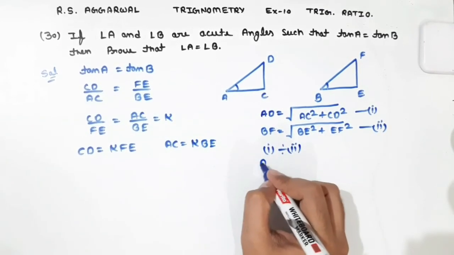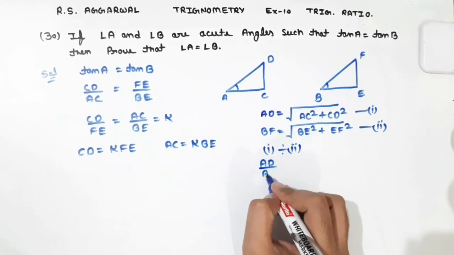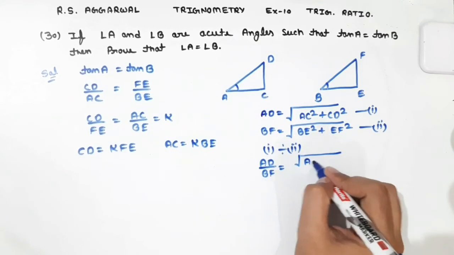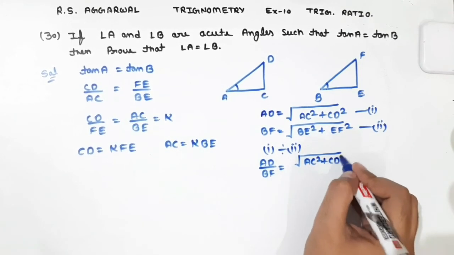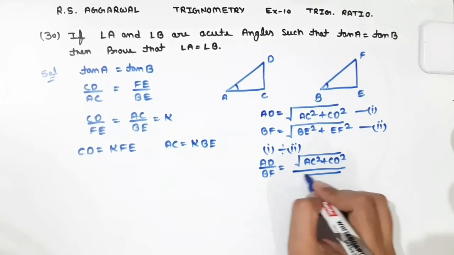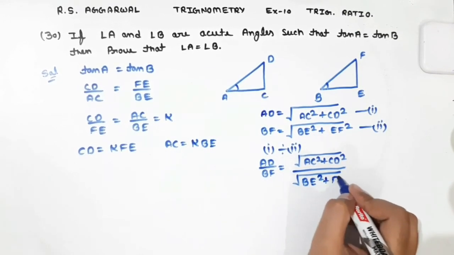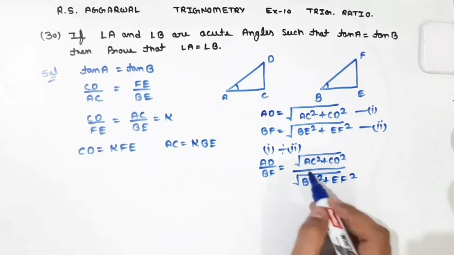So AD upon BF is equal to under root AC square plus CD square upon under root BE square plus EF square.